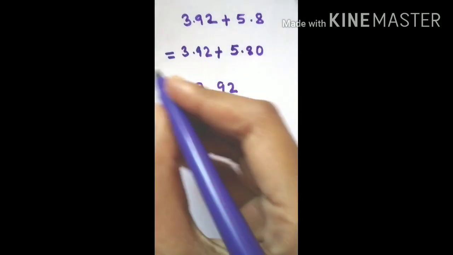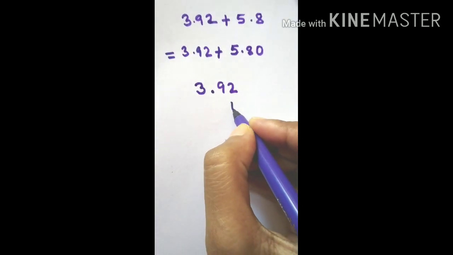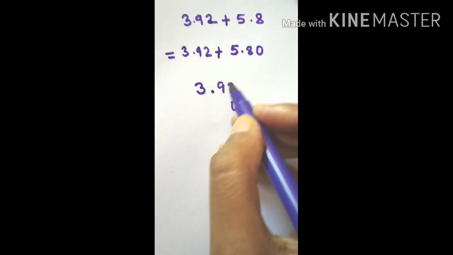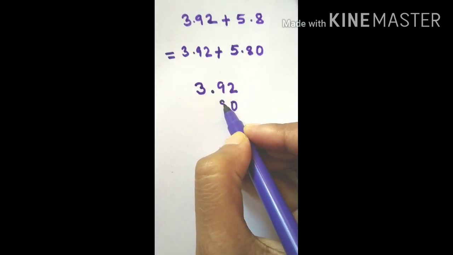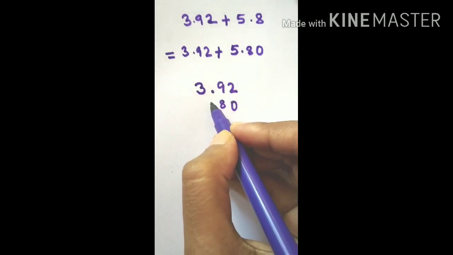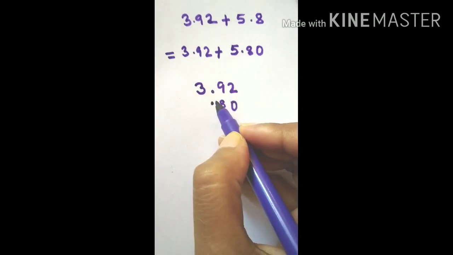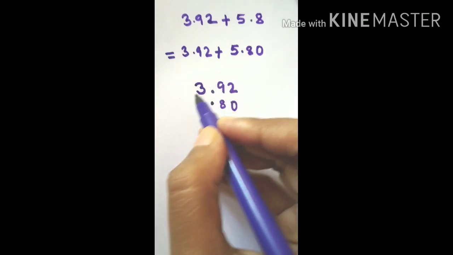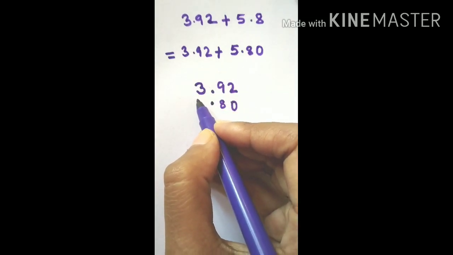So, we will write 0 below 2. And 8 is in the tenths place. So, we will write 8 below 9. And before 8, we have the decimal point. And since 5 is in the ones place, we will write 5 below 3.